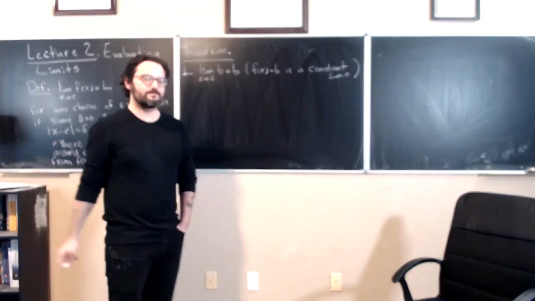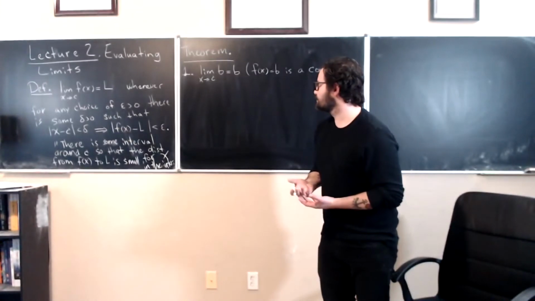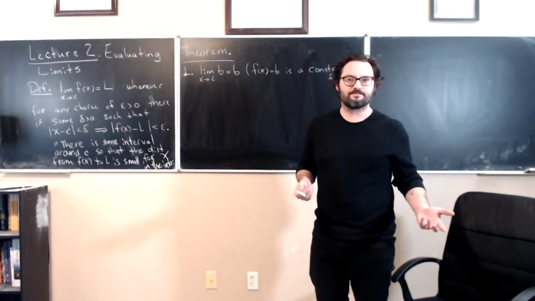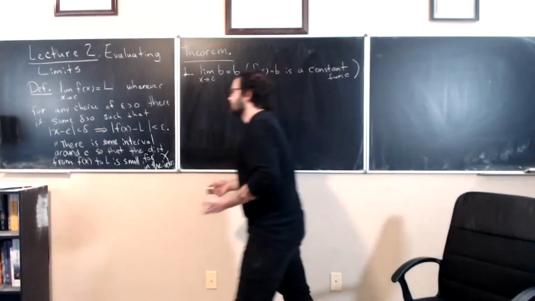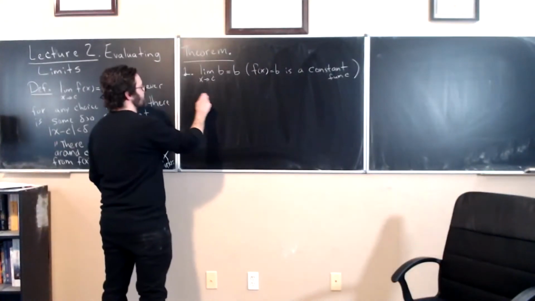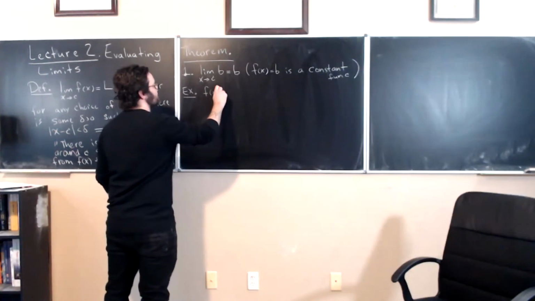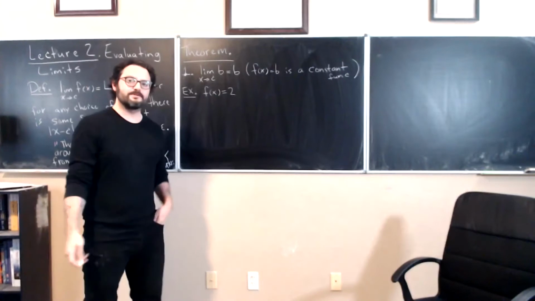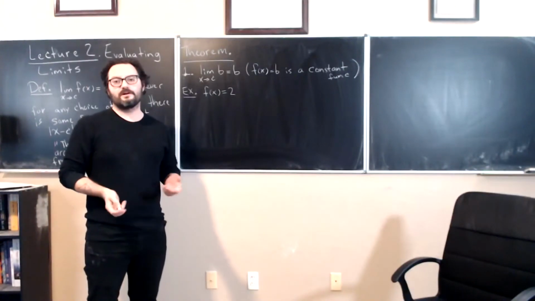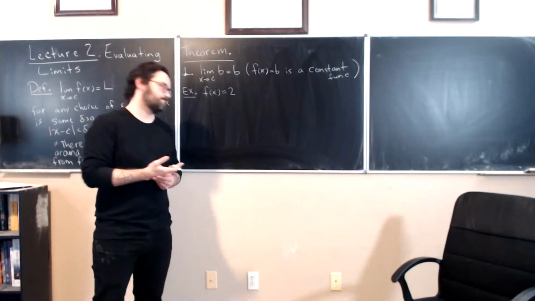Okay, so that's part one of this theorem. But before I move to the other parts, why would this make sense? What does a constant function even look like, right? Well, suppose, for example, f of x is equal to like 2. That's a constant function. No matter what value of x you plug into this function, it just returns the number 2.